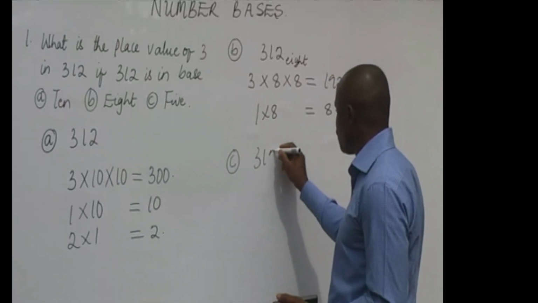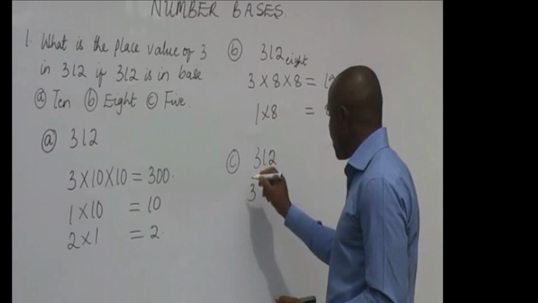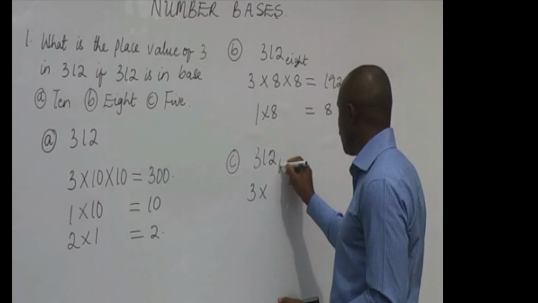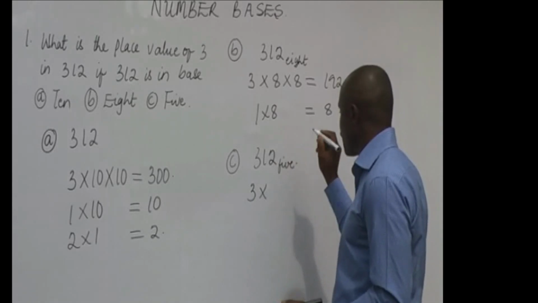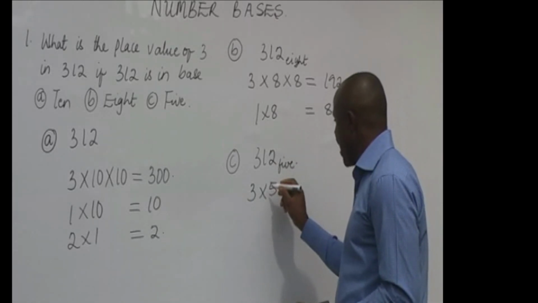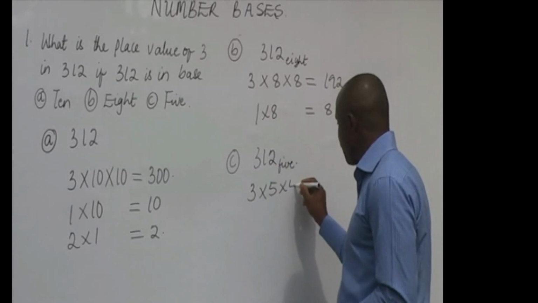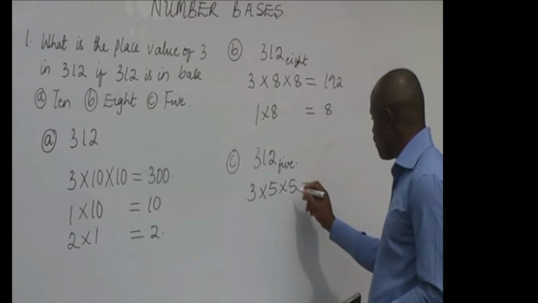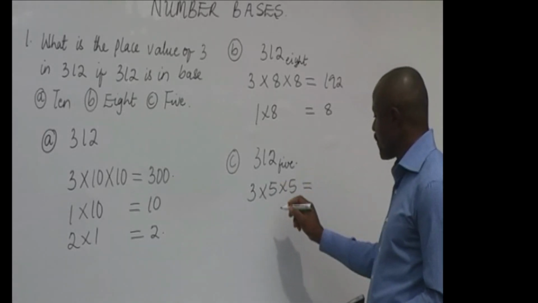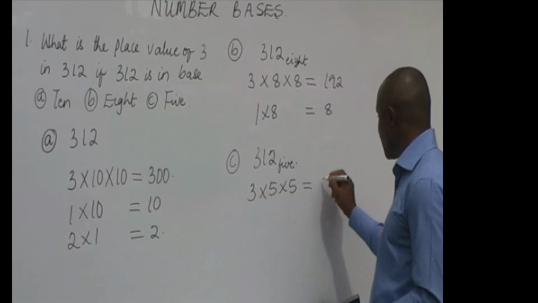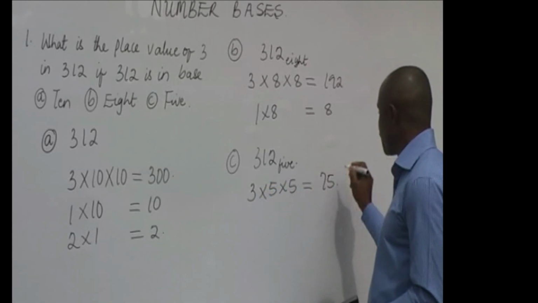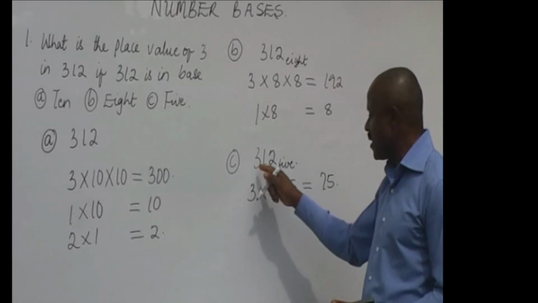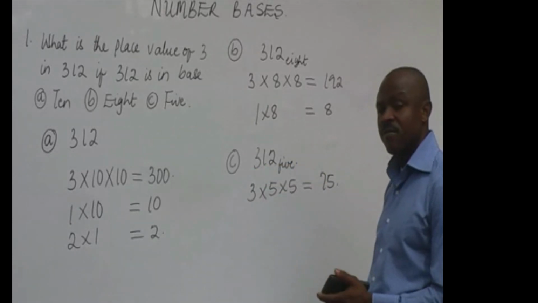So we have 3, 1, 2, and we're looking for the place value of 3 in base 5. That means this is in base 5. Multiply by 5 because of 1, multiply by 5 again because of the second digit 2. So we are going to have 25, that is 5 times 5, 25 times 3, which is 75. That is the place value of 3 in 312 base 5.